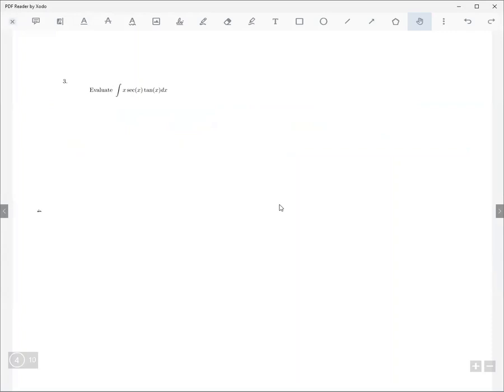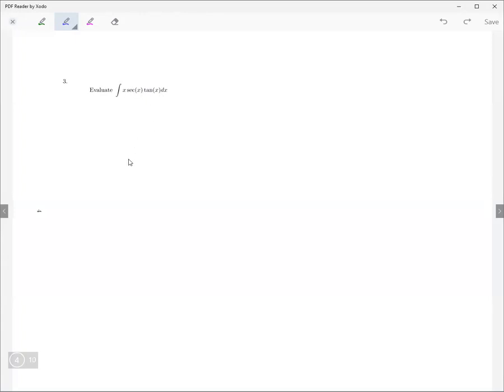So you kind of look for patterns, okay? Any suggestion on what to do, or do you see any pattern here that could be helpful? Does anybody recognize secant tangent?